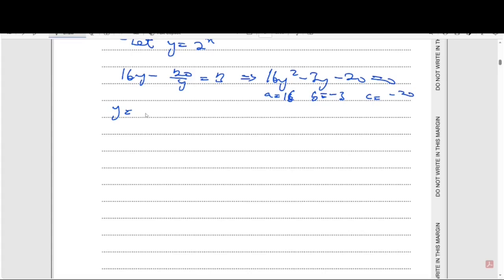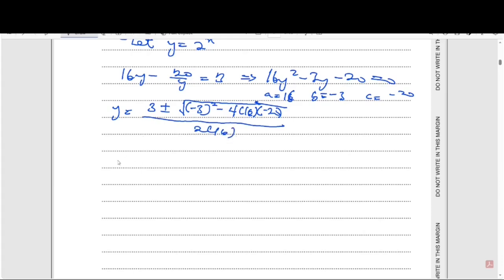So negative b makes positive 3 because b is already negative, plus or minus the square root of b squared, and our b is negative 3, minus 4 times a, which is 16, times c, which is negative 20. You can type this on a calculator and get your answers, all over 2 times 16.